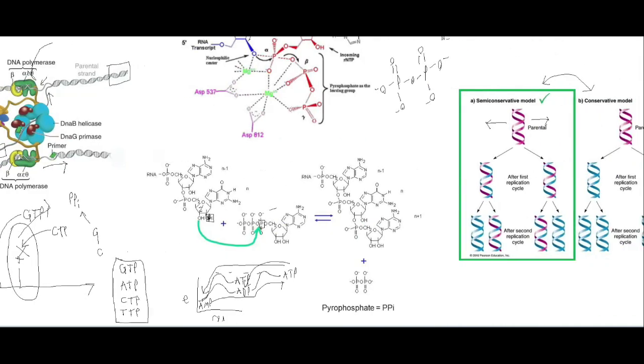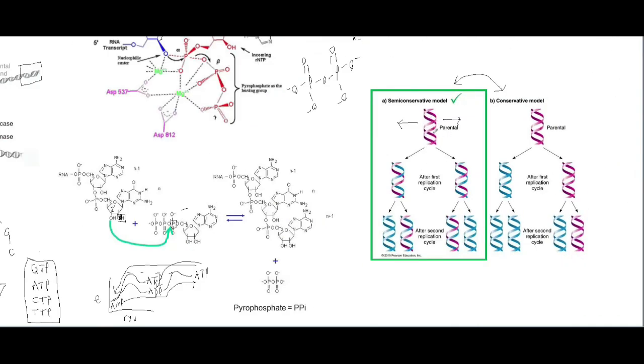And so each of the replicated DNA double helices gets one strand from the parental strand, rather than having the DNA come apart, replicate, and come back together as its own strand while the other strand makes its own, so that you would end up with the parental strand staying together.